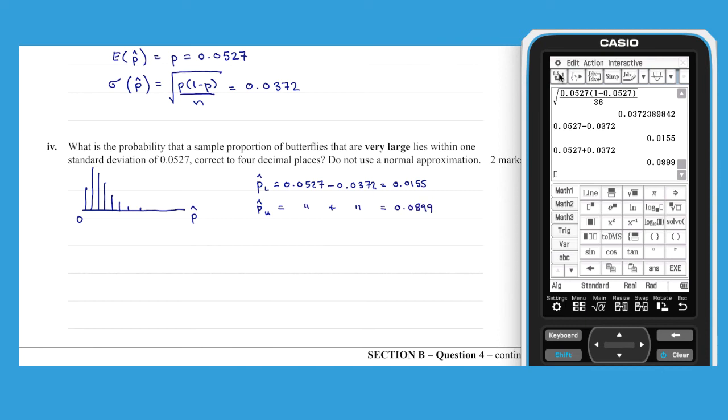The y values that are equivalent to these p hat values can be found by multiplying them by 36.